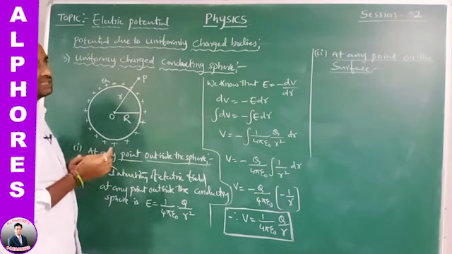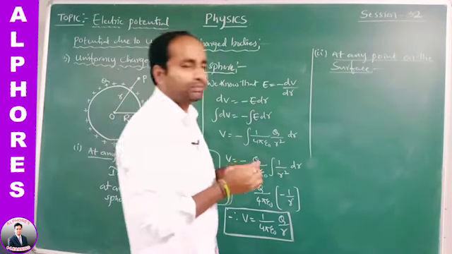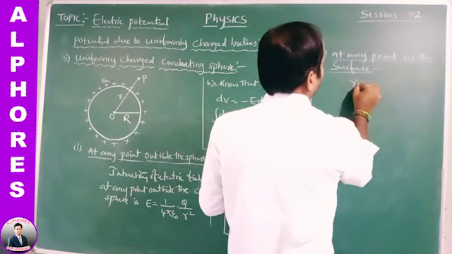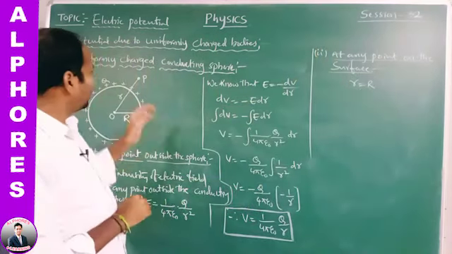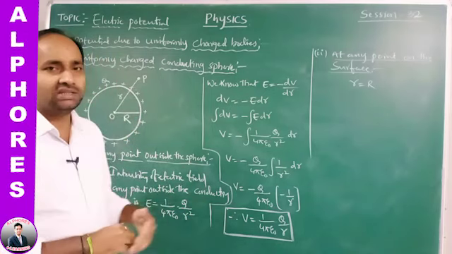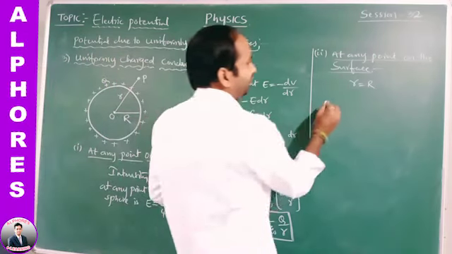In such a condition, small r is equal to capital R. Just small r is replaced by capital R in this equation. What you will get?